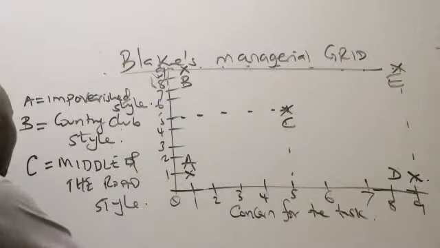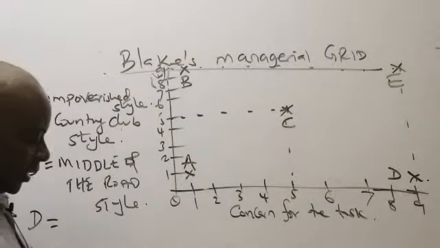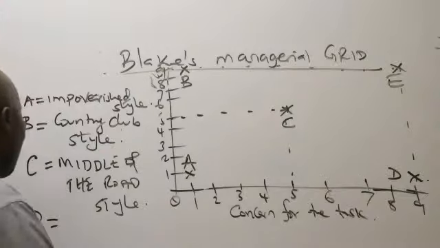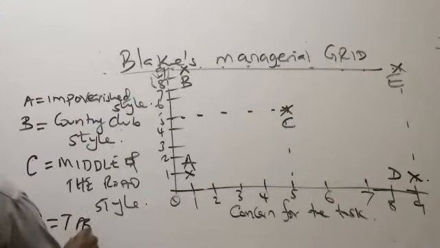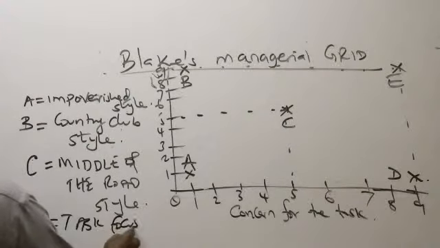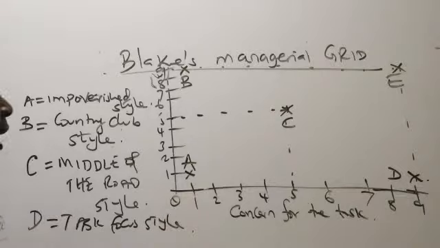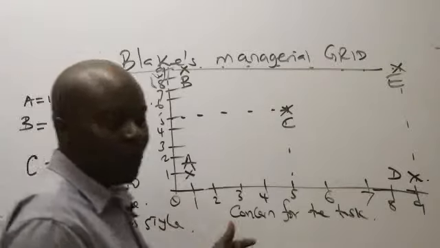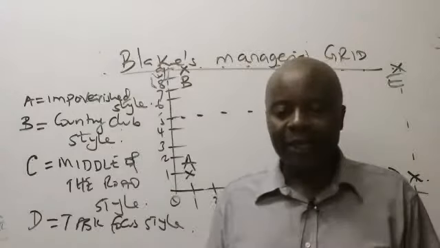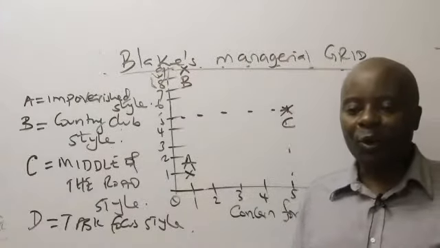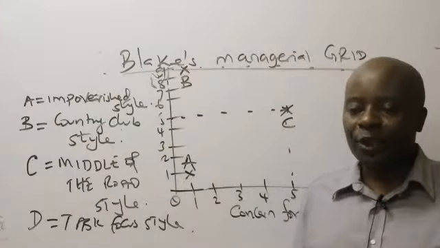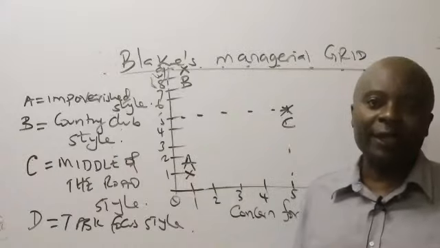D, this guy is the task focus style. So here I'm only concerned with moving my tasks ahead. I want my projects to end. I'm not concerned in this case with the welfare of the employees.